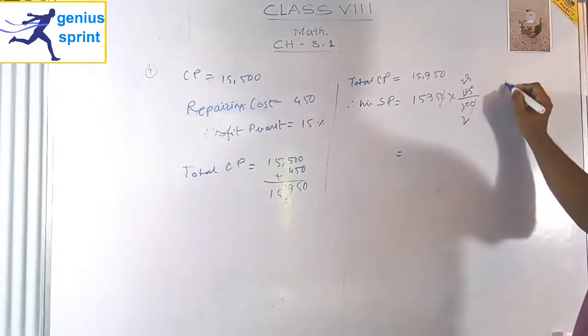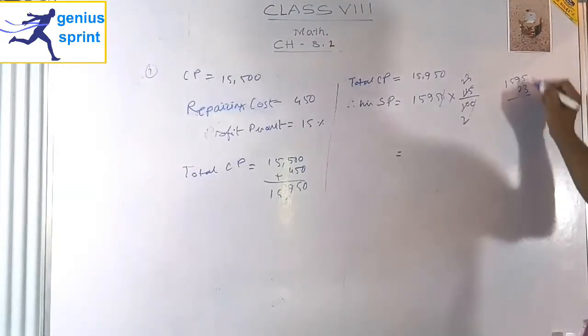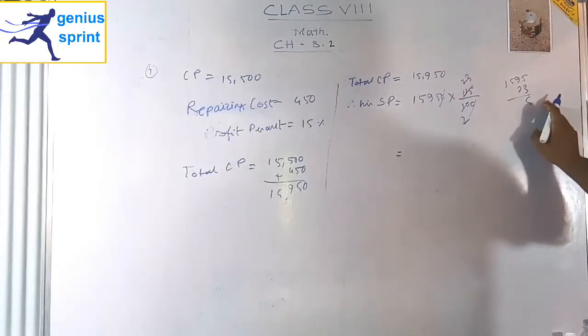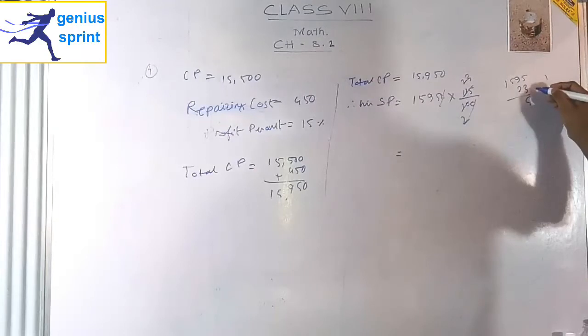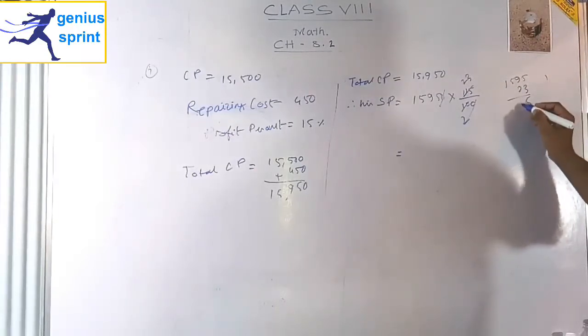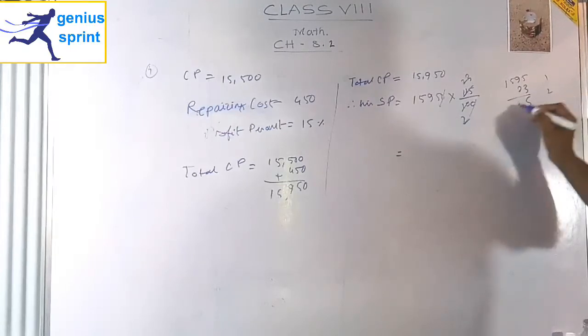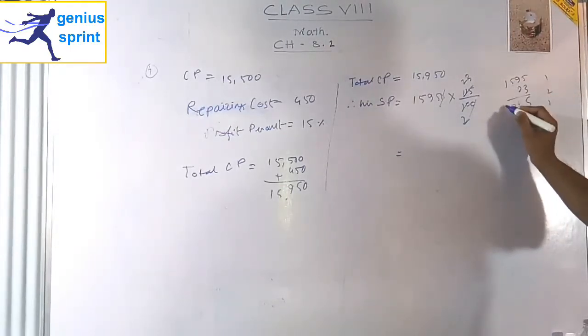You have to multiply this 1595 with 23. 3 5s are 15, 5 carry 1, 3 9s are 27 and 1 is 28, 8 carry 2, 3 5s are 15 again, 16, 17 carry 1, 3 1s are 3 or 1 is 4.